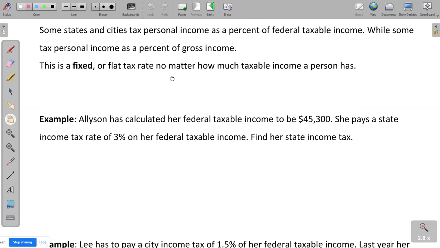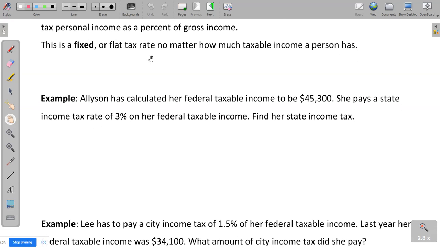Allison has calculated her federal taxable income to be $45,300. She pays a state income tax rate of 3% on her federal taxable income. We have to find her state income tax. So we're going to change this 3% into a decimal, which is 0.03.